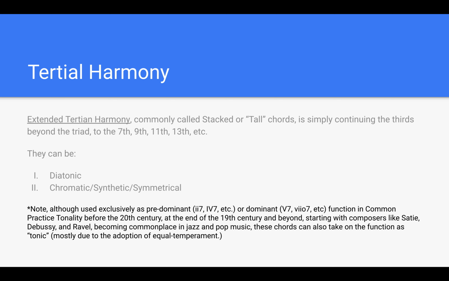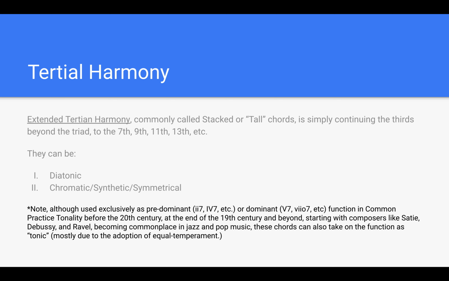Note, although used exclusively as predominant, like the ii7, IV7, etc., or dominant V7 and vii diminished 7 function in common practice tonality before the 20th century, at the end of the 19th century and beyond, starting with composers like Satie, Debussy, and Ravel, and becoming commonplace in jazz and pop music, these chords can also take on the function of tonic. So 7th, 9th, 11th, 13th chords are now accepted as being the tonic harmony.